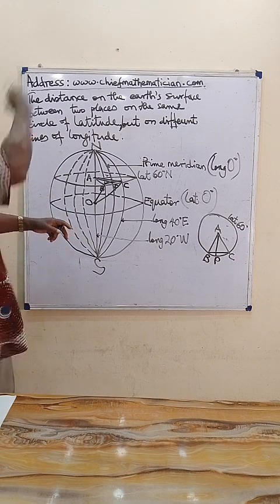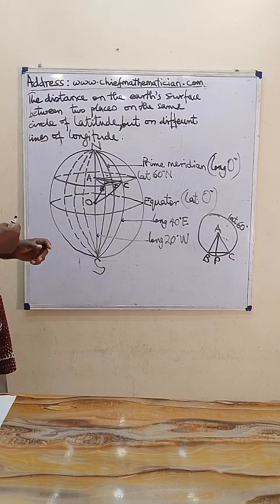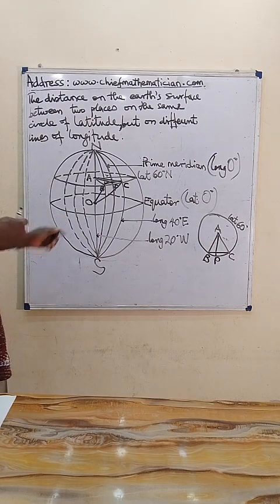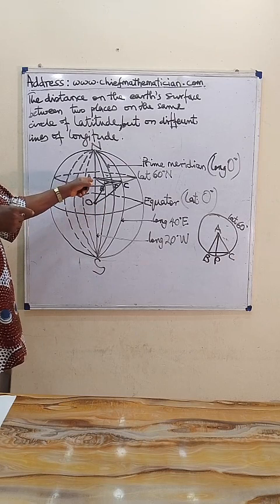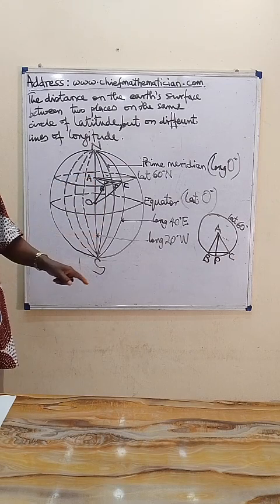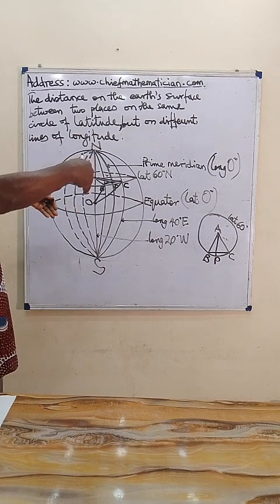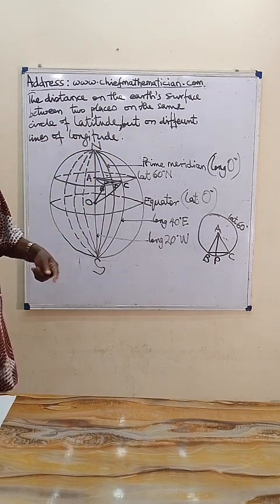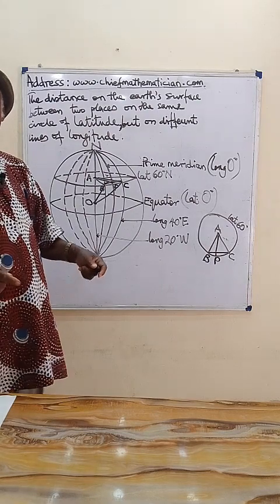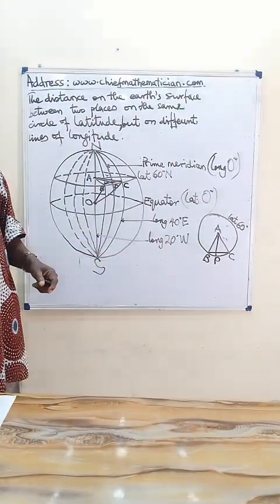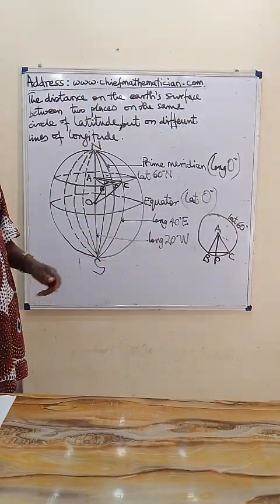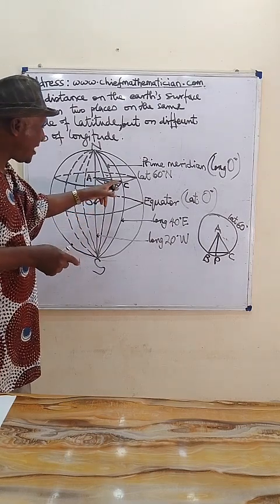Now, if you complete the great circle, which will pass through B and C, but with O as center now, not A as center, but O as center, that distance between B and C on the Earth's surface and along that great circle is yet another distance between B and C, and it is usually shorter.